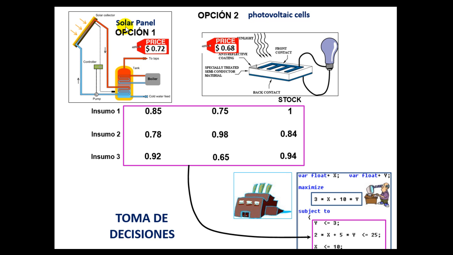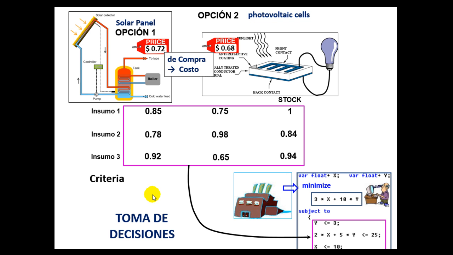You want to use now solar energy, and then you want to buy, this is one option and this is the price, and this is another option and this is the price. So in this case, this represents the cost of the investment. And then you have, instead of maximizing an objective function, here you want to minimize costs.